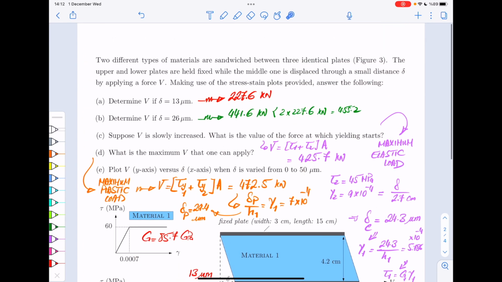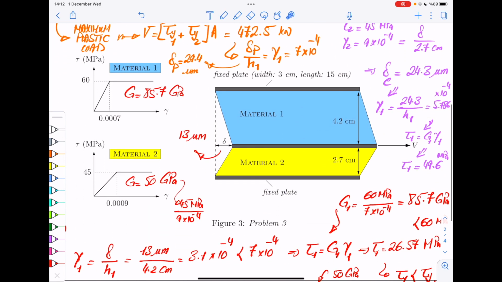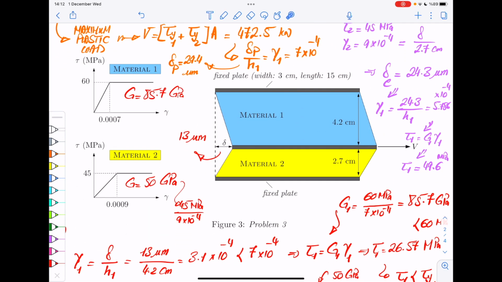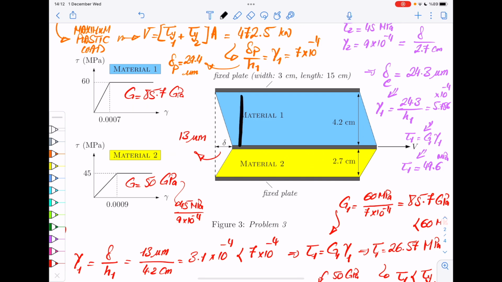I want to find a space to draw it here, but I don't know if it's possible. Okay, let me try the following. I draw it black and thick here. So it's going to look like this. At the beginning, you have your elastic regime. So both materials are elastic. Then you have this regime where material 2 is only plastified.